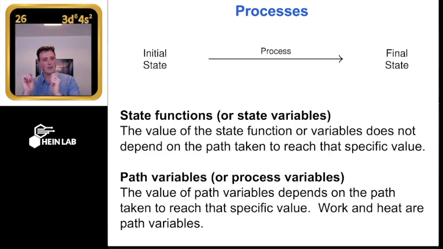These are path variables. What I mean there is if I start at some initial state and I tell you how much heat and how much work, I am locking up that process. Once I tell you how much heat and how much work must be involved to get from initial to final, there is only one path now. If I didn't tell you how much heat or work, there's an infinite number of ways to go from one to the other.